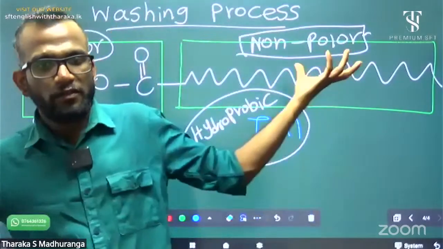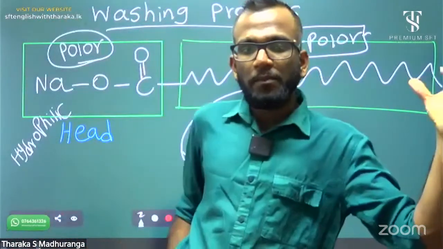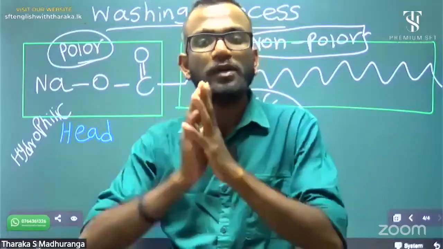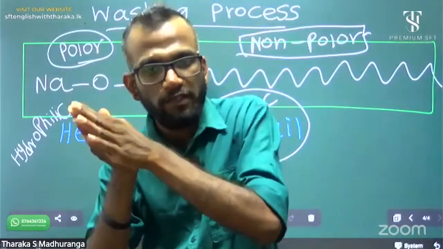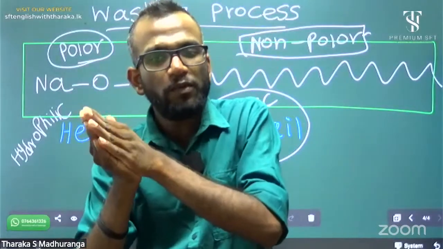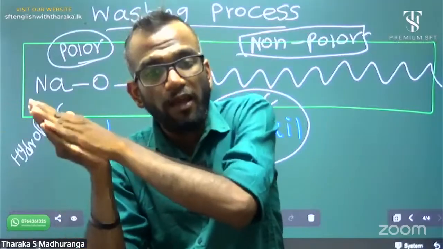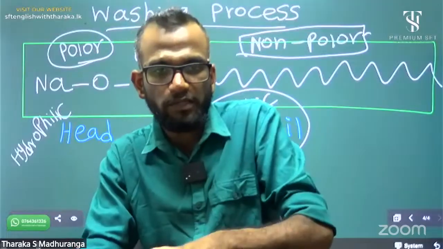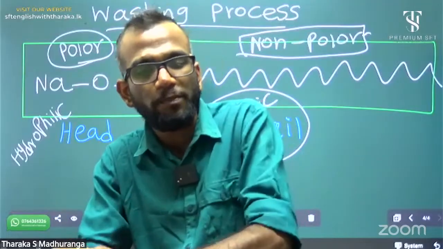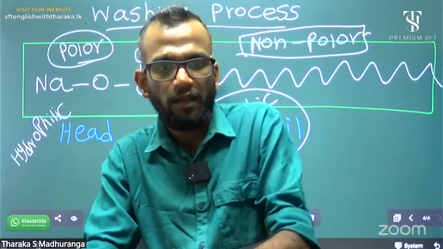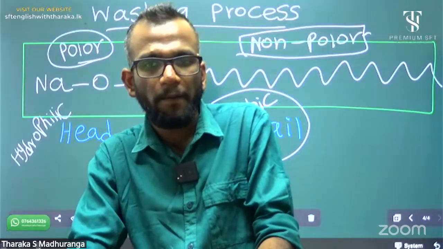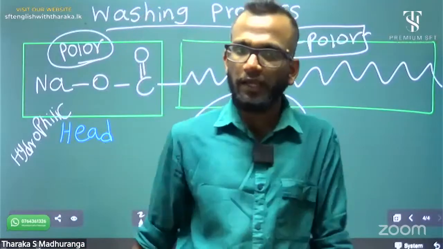That's why soap does multiple types of washing, because one part of the soap molecule is polar and the other side, the tail side, is non-polar. I got a hydrophilic head and a hydrophobic tail. Understood? Yes or no? Do I need to explain again?